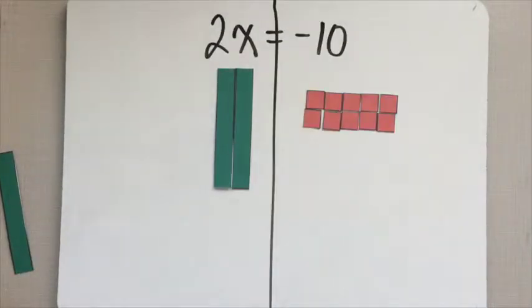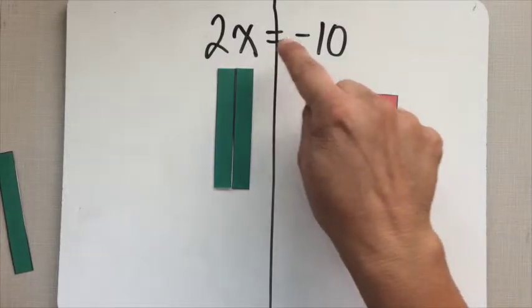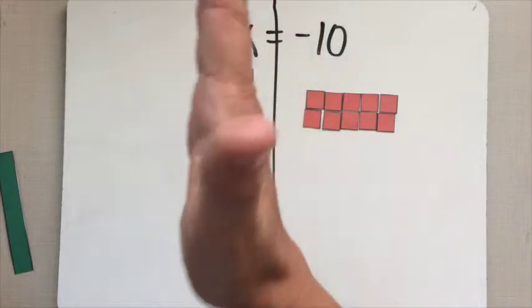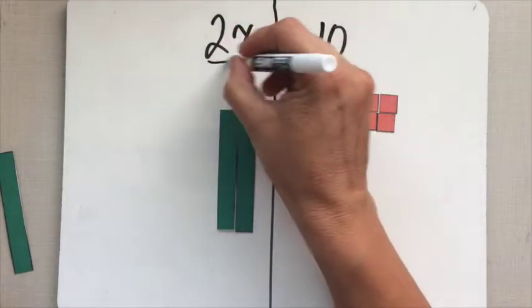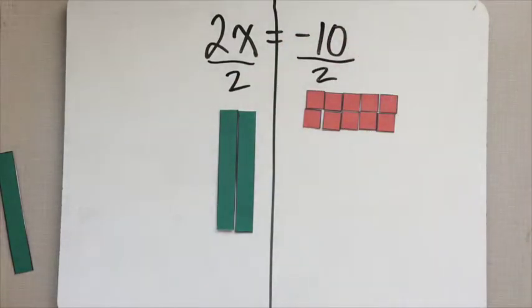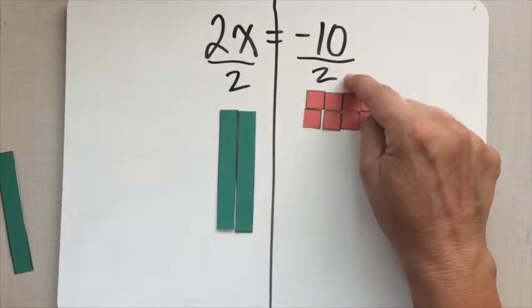Here's another equation. We've got 2x is equal to 10. So 2 groups of x is equal to 10 negative ones. Remember my goal. I want 1x left on this side of the equal sign. So I'm going to do the inverse of multiplying by 2. I'm going to divide both sides by 2. Remember, even when we're multiplying or dividing or adding, we always do exactly the same thing to both sides.